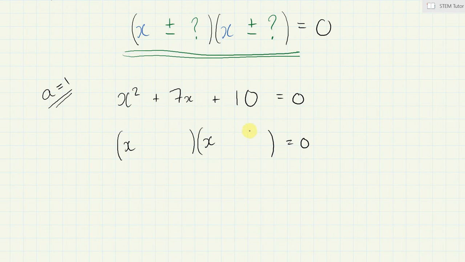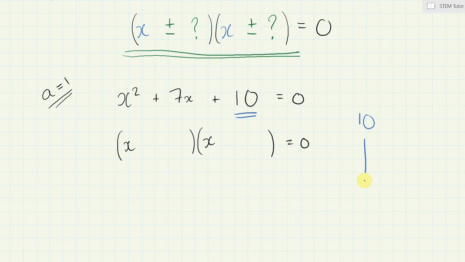Essentially what we're asking ourselves with regards to the numbers is: which two numbers, when multiplied together, give us 10, yet if we add or take away give us plus 7? Let's focus on the factors of 10, the two numbers that when multiplied by each other will give us this value.